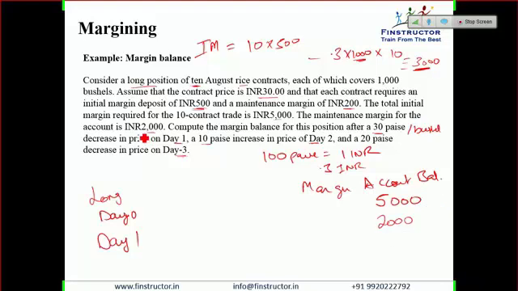So at 2000 you will get a margin call, that is, you will have to pay an additional 3000 at the end of day 1 to bring the balance back up to 5000. Actually, till 2000 the exchange won't bother you, so it's a very fine situation here.